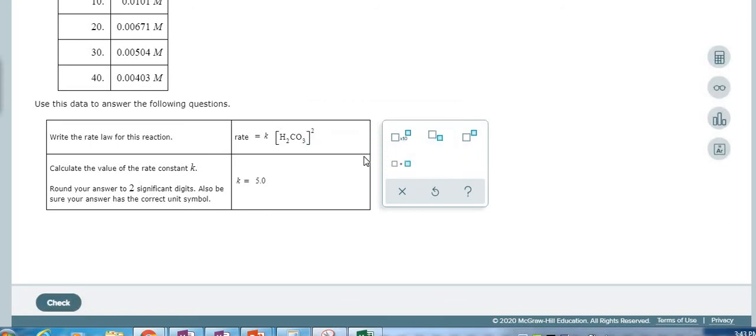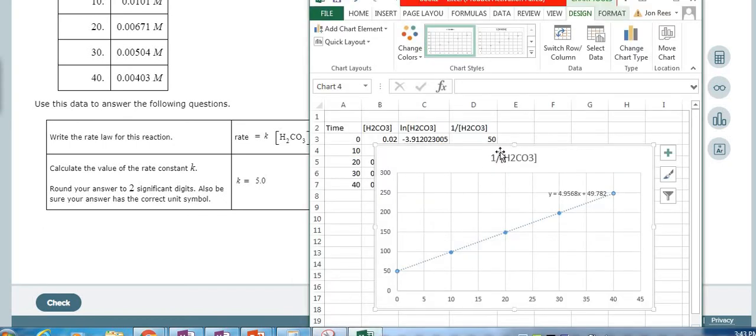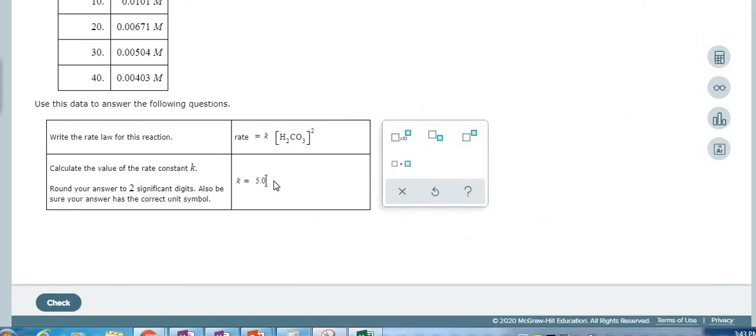So the units, since this is second order, you can get that from the plot, or you can just know that. Remember, this is 1 over the concentration of H2CO3. The concentration's in molarity, but it's 1 over, so it's going to be inverse molarity, and it's also going to be seconds inverse.